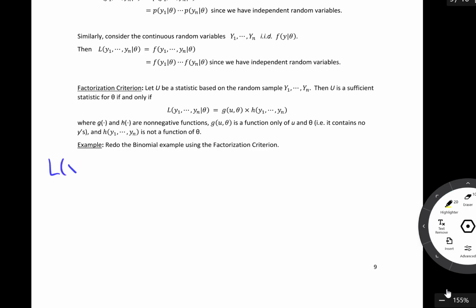So our likelihood function of x1 through xn given p was equal to the following.